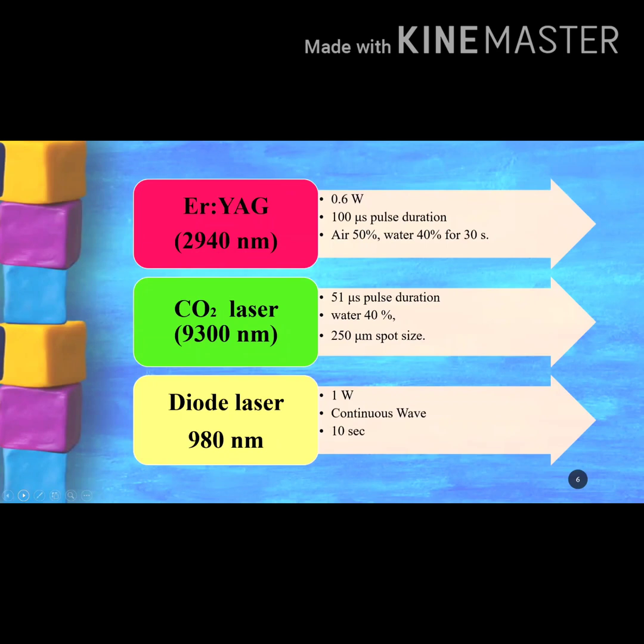For CO2 laser, the settings are 51 microsecond pulse duration, 40% water, and spot size should be 250 micrometer. A diode laser is used at 1 volt continuous wave for 10 seconds.